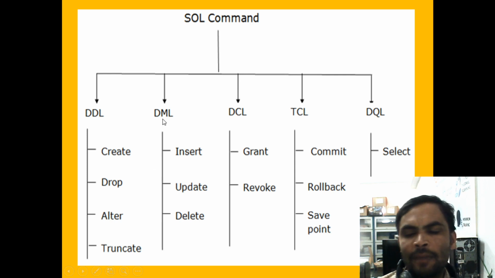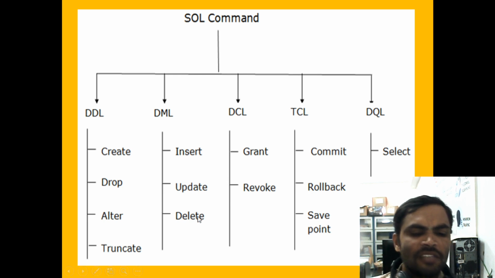Coming to the data manipulation language. Under the data manipulation language, 3 commands will be there. Manipulate means changes, means we can insert the records. At the time we are creating the table, with the help of the insert command, we can insert the records under the table. Suppose you want to update any record, we can update with the help of the update command.